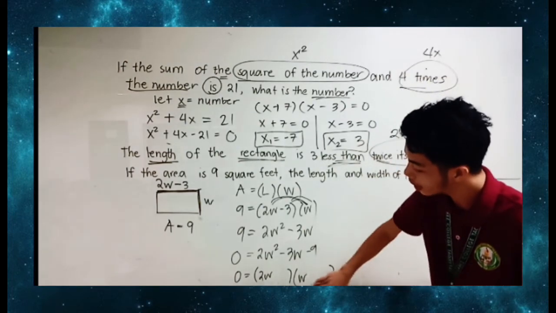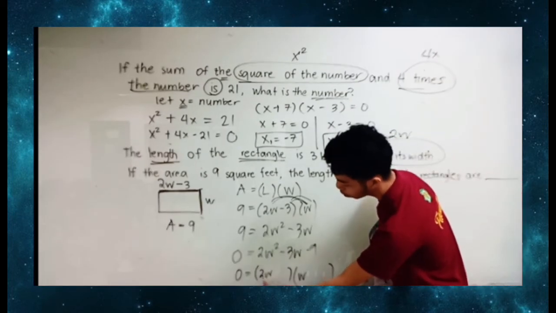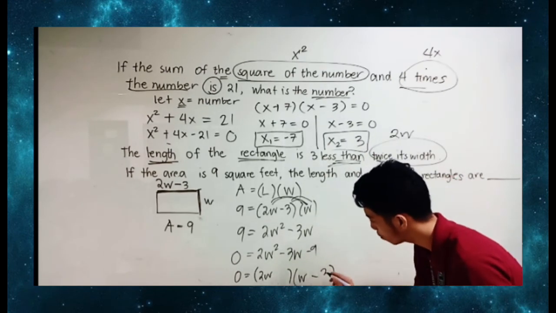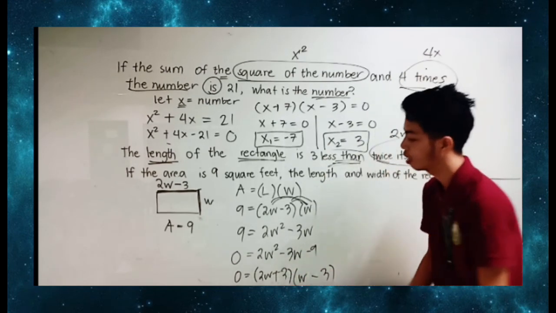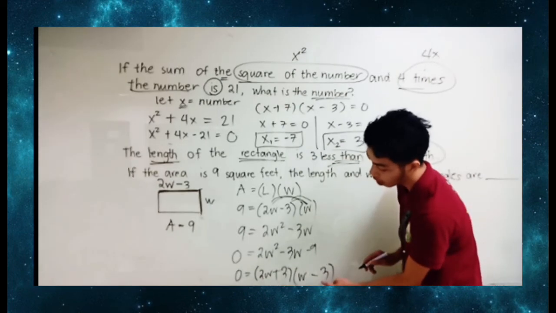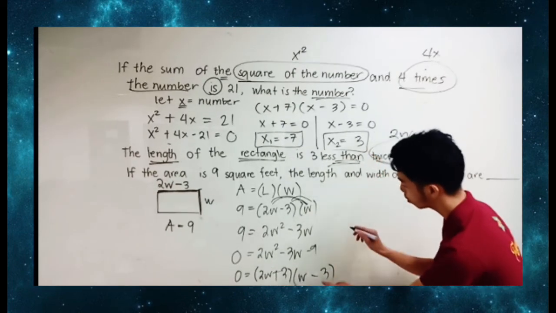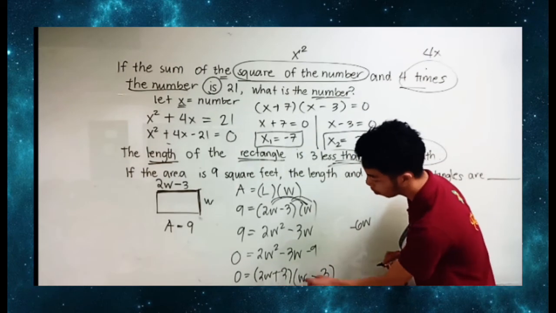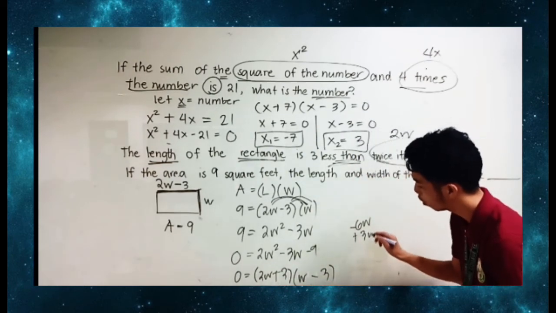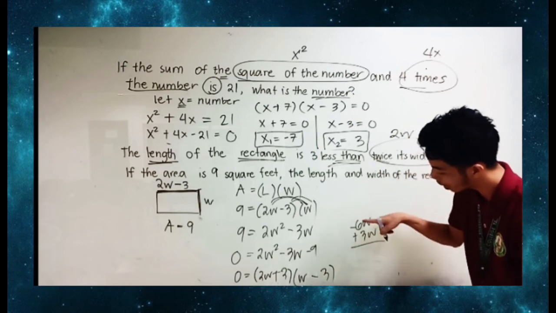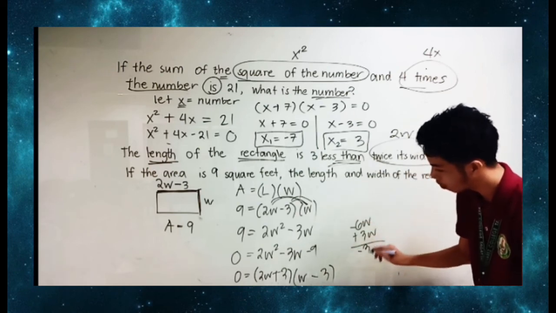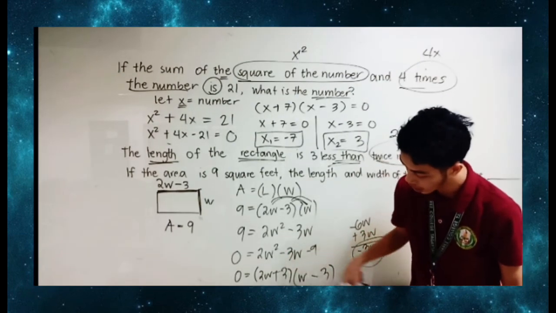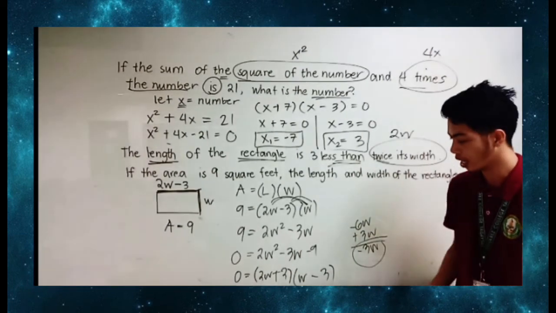Tingnan natin. 2W times negative 3 is negative 6W. Positive 3 times W is positive 3W. Kapag pinag-combine natin siya, negative 6 plus 3 ay negative 3W. So, tama ang factor natin na 2W plus 3 at W minus 3.